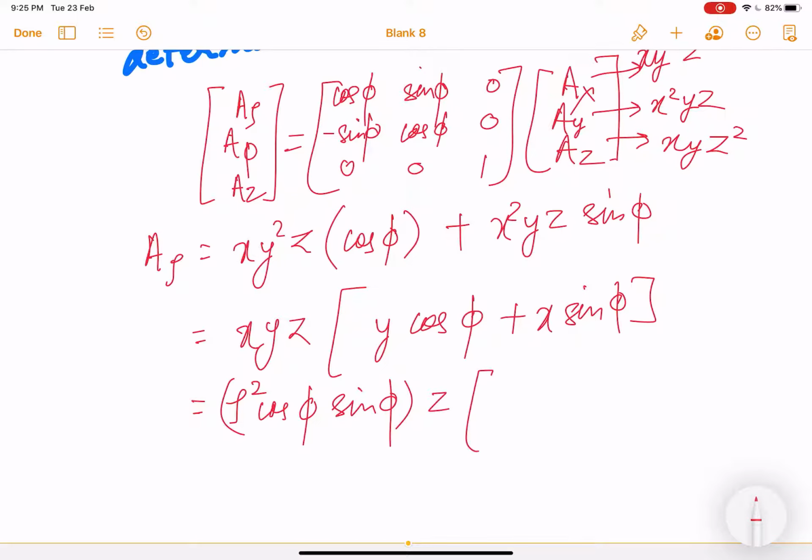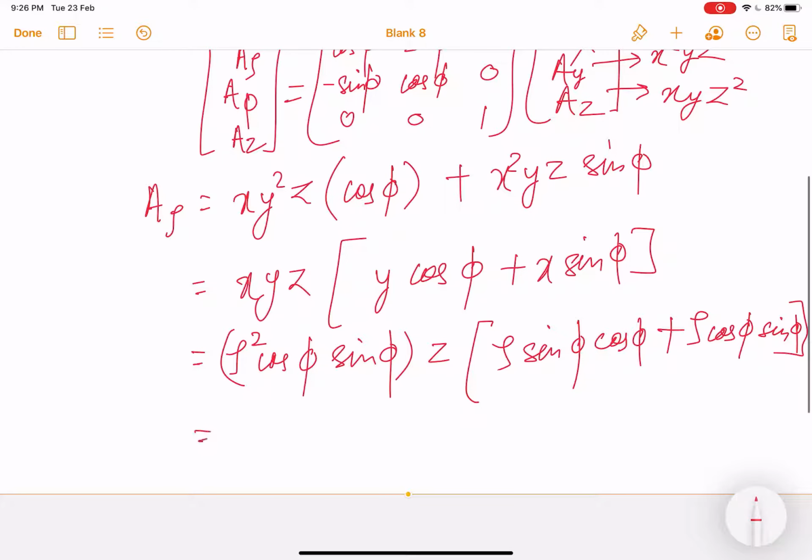Then instead of y again rho sin phi, this is cos phi, plus rho cos phi, this is sin phi. So what do I get? These two will get added up, so 2 rho cubed, these things will become squares, sin² phi into z.